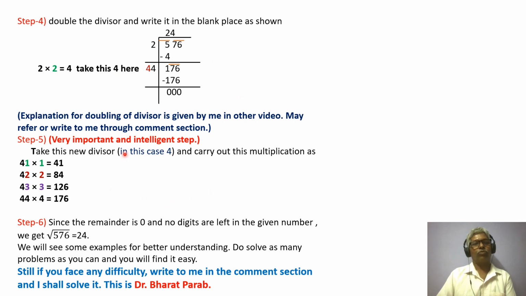You can find the square root of any number, even if it is 15 digits, 10 digits, or 100 digits. But that is not our concern at present, so we will stick to only 4 digits. Try to solve many problems and try to understand this method. Okay, so thank you.